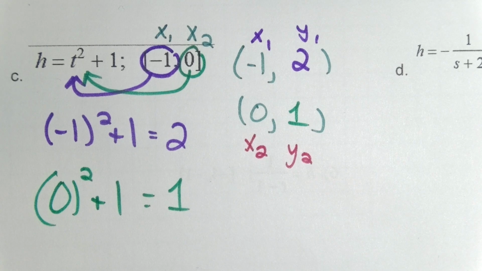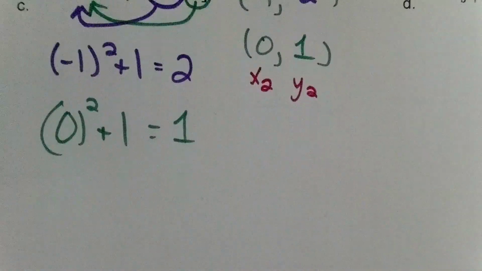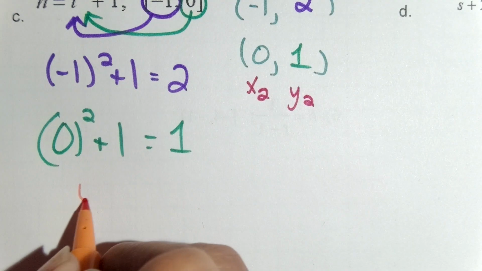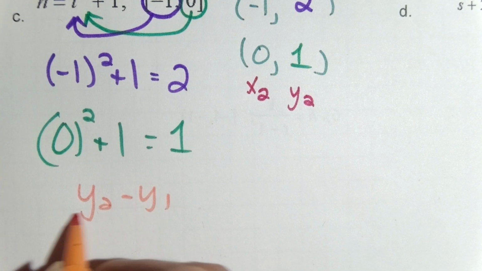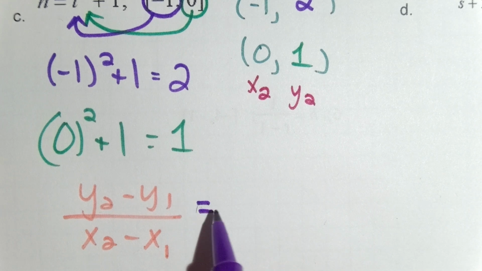We found our coordinates. What's our step 2? Substitute the coordinates into the slope formula. So we have y2 minus y1 over x2 minus x1. Somebody tell me the numbers I should be putting in.